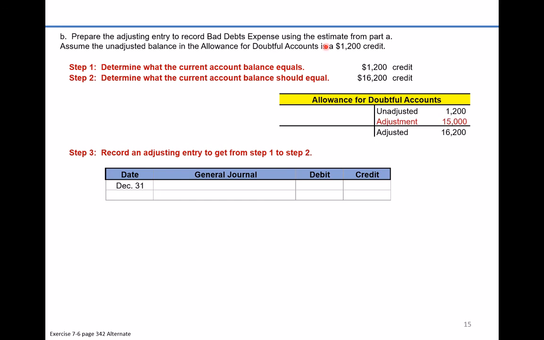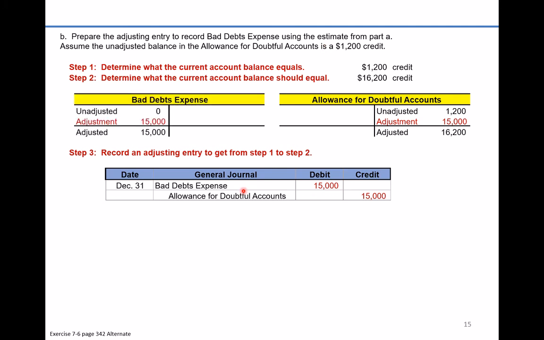We know to go from the target balance of 16,200 from what we started with of 1,200, we need another credit to the allowance account for 15,000. So the allowance account gets credited then for 15,000, and the balance goes into bad debt expense for that period also of 15,000. So we'll go ahead and put up the bad debt expense account to show that that gets to $15,000, and we have both of our T accounts updated.